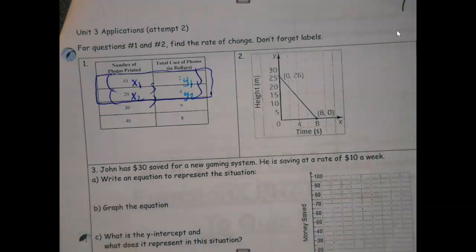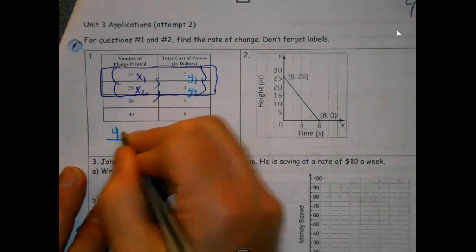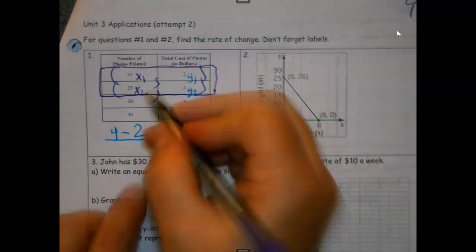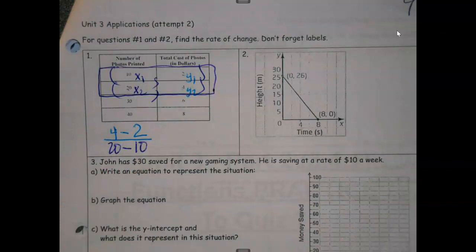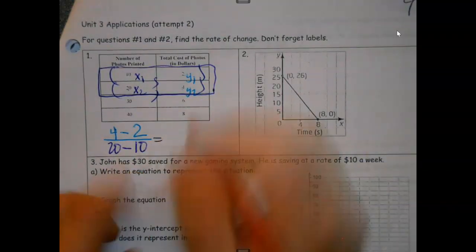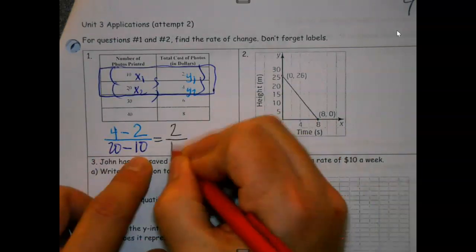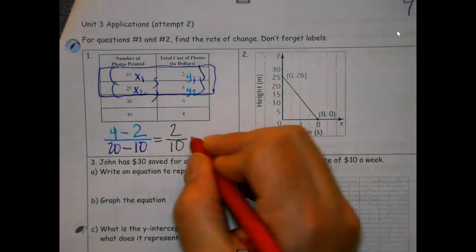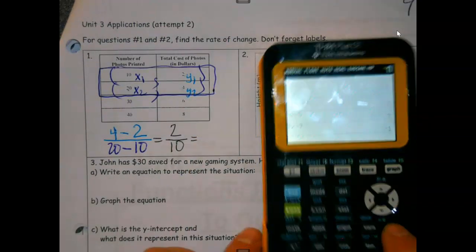But all I'm going to do is my y2 minus my y1. I'm going to do my x2 minus my x1. So 4 minus 2 is 2. 20 minus 10 is 10. Okay? Reduce, reduce, reduce, people.